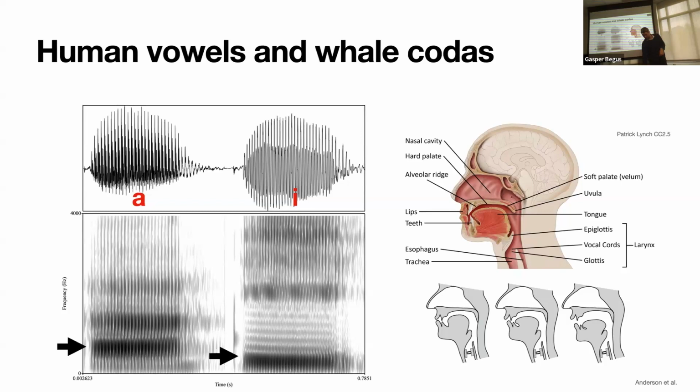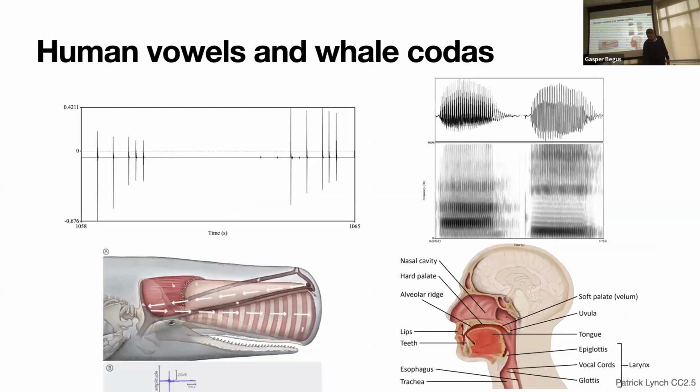This is me saying E, and the difference between A and E is that you can know the difference even if you don't see me, because the formant band frequencies for A are close together, for E they're far apart. And seemingly whales do not have anything like that.